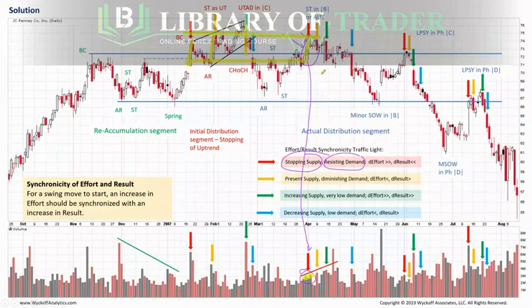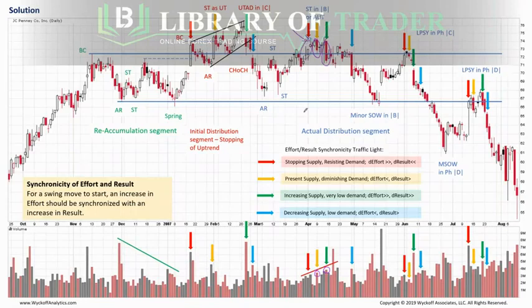Then what happens next? The next time there is a push to the upside, there's going to be lesser demand and lesser supply. And here actually there is more supply, so probably not the very best depiction here. But what we're looking for is that increase of the effort, and then an increase of the result after we had that potential stop in action.